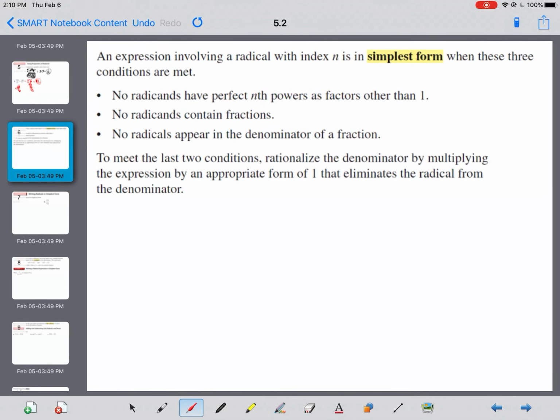An expression involving a radical with an index n is in simplest form when these three conditions are met. Same ones as before. No radicands have perfect nth powers as factors other than 1. No radicands contain fractions. No radicals appear in the denominator of a fraction. To meet the last two conditions, you must rationalize the denominator by multiplying the expression by an appropriate form of 1 that eliminates the radical from the denominator.